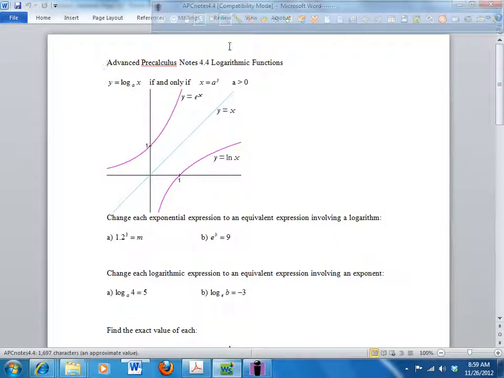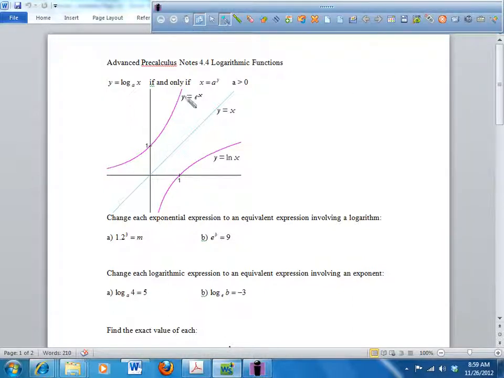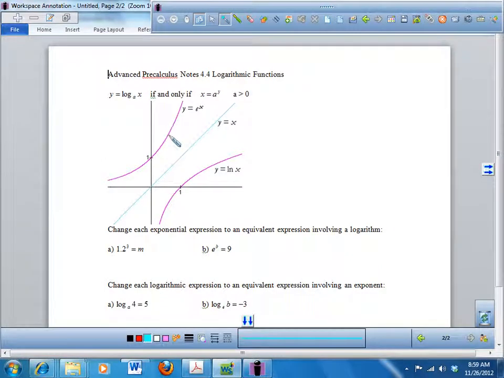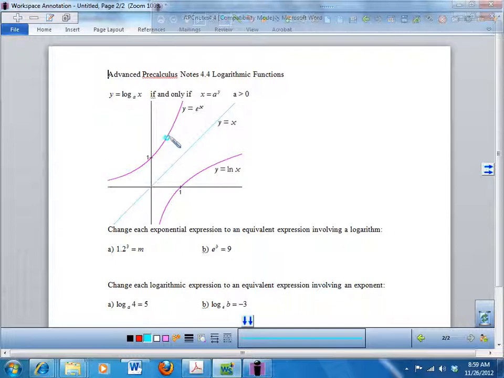Looking at your note sheet here, what you have is the exponential function e to the x, okay? And e to the x goes through the point (0, 1). It also goes through the point (1, e).